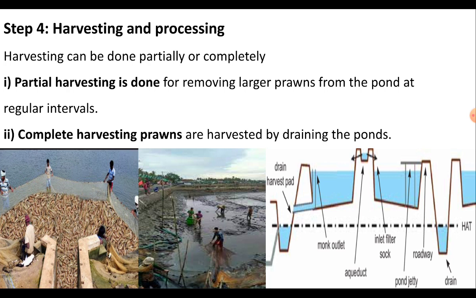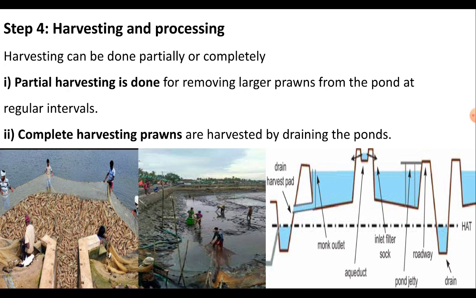Whereas in complete harvesting, the prawns are harvested by draining the ponds, and draining is done in the early mornings to avoid overheating of the water when only little water is left in the pond. In the final stage, when the prawns are near the outlet, they must be provided with fresh oxygenated water.